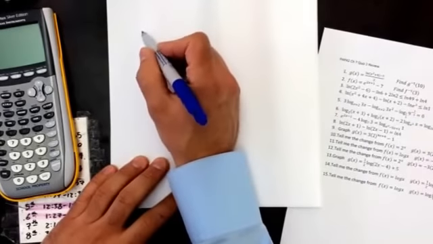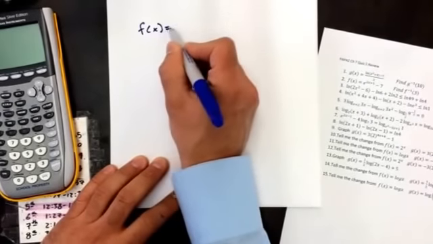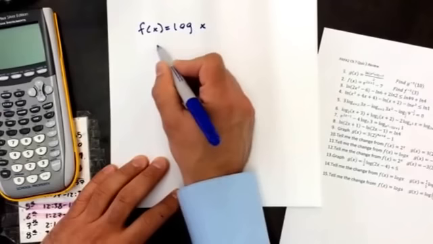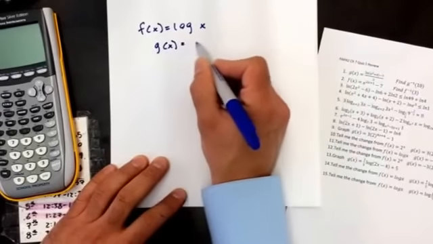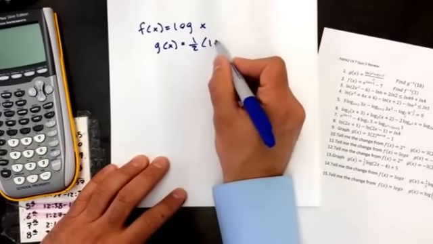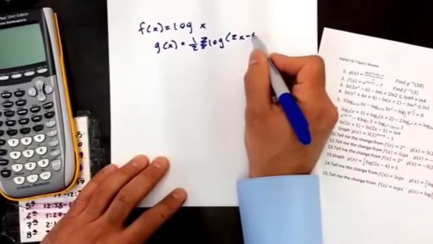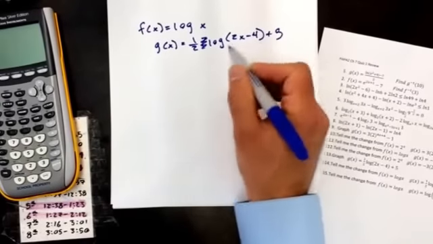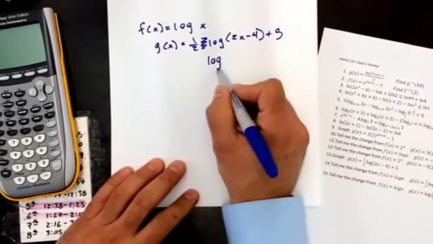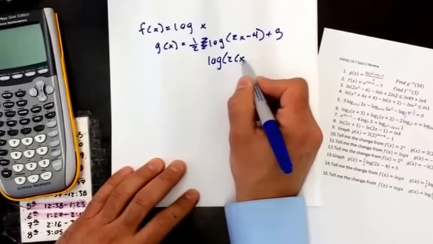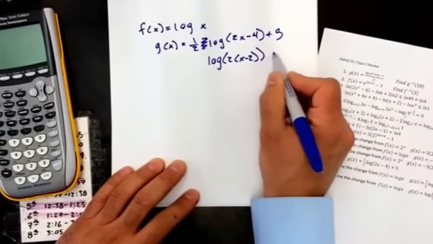Next one, tell me the change from f of x equals the log of x to g of x equals 1/2 log 2x minus 4 plus 5. Remember again, I'm going to factor out that 2, so it's going to be 2 times x minus 2 plus 5.